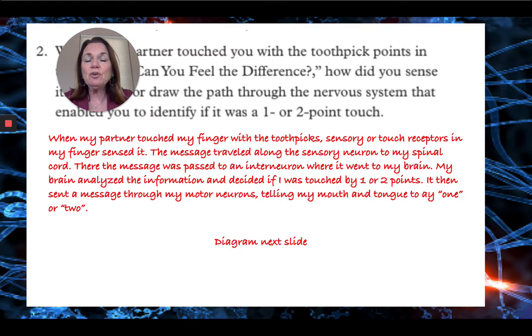That message or impulse traveled along the sensory neurons to my spinal cord and then was passed on to the interneurons in the brain. My brain analyzed the information, decided if that was 1 or 2, and then it sent a message through the motor neurons to tell my mouth and my tongue to say 1 or 2.